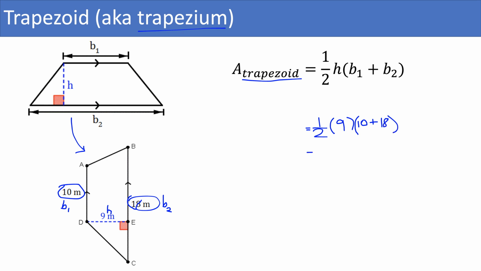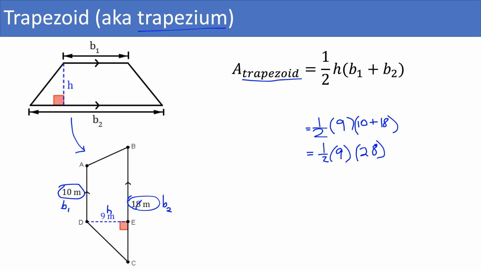All right. So half of 9. And I'm not going to take half of 9. I could, but 9 is odd, even though it's 4.5. I'm going to do it this way. All right. So your half, you could take half of this and multiply it. You can multiply 9 times 28 and then take half of it.